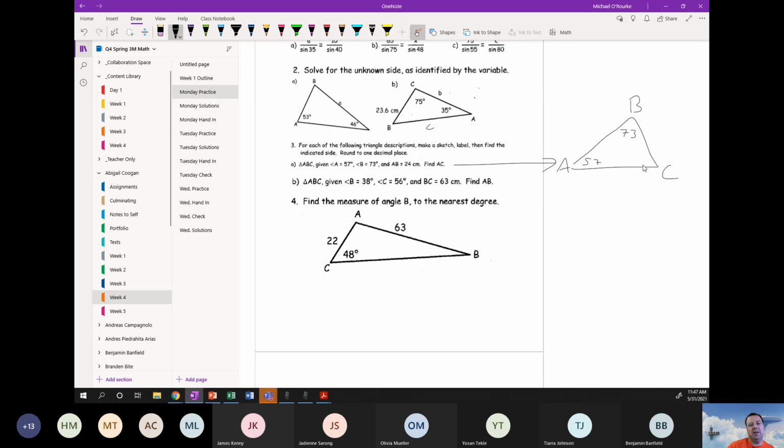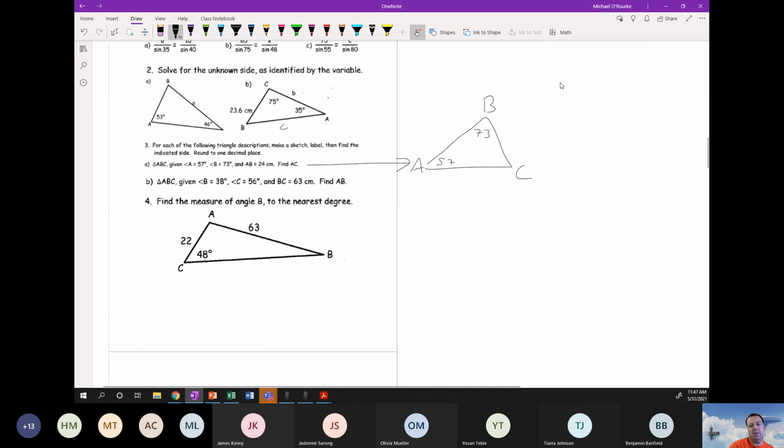How could I find angle C? I'll give you a hint. Oh, come on, people, you're killing me here. Yes, all the angles equal 180. So I would just go 180 minus 73 minus 57. That's if we need it. We don't need it right now.